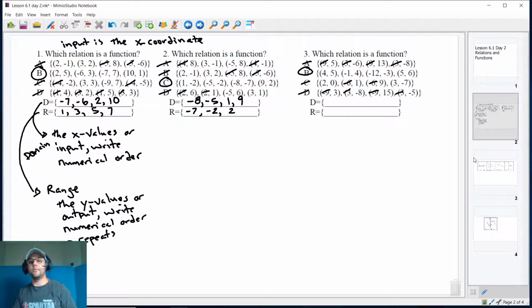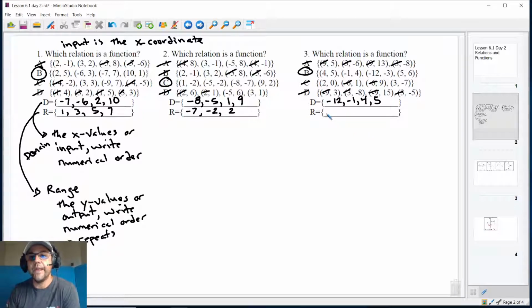This is the group that we want to focus on. That is a great group of friends, treating each other with respect. That is a function. Looking at the domain again: 4, -1, -12, 5. So least to greatest: -12, -1, 4, and 5. Again, we know it is a function because each input, the x value, has one and only one output.